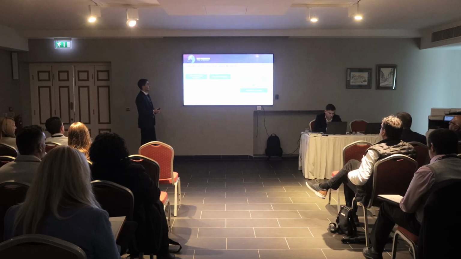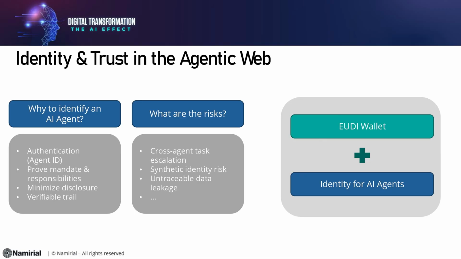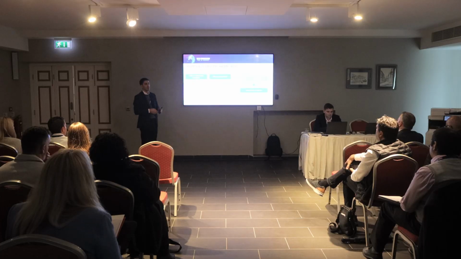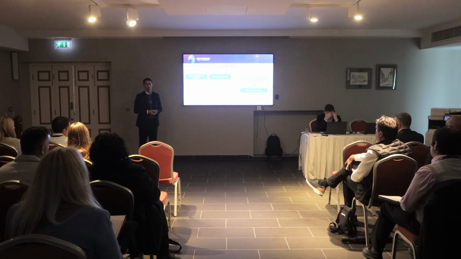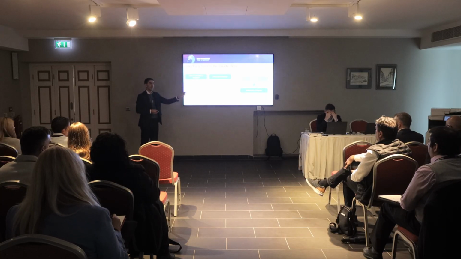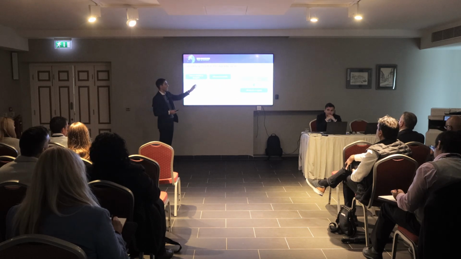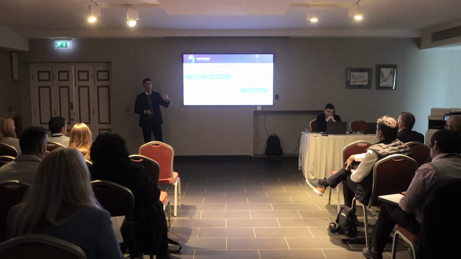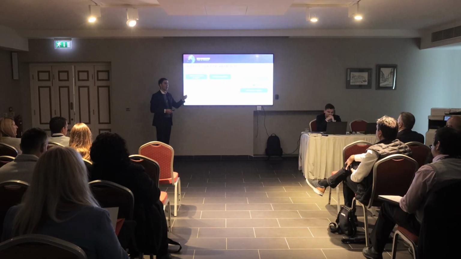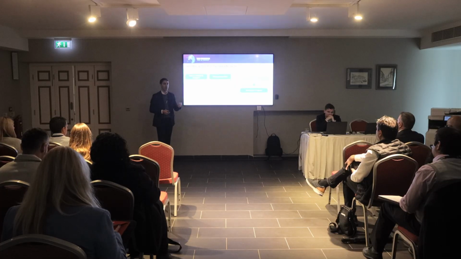So, we come to the wrap up of this session. One way we have identified to let the user identify himself, of course, is the EUDI wallet, because it has been designed to do so, to be secure, to handle digital identities that are trusted. So by combining the EUDI wallet and the identity for the agent, we are responding to the most fundamental question: how to deal with this agentic economy.